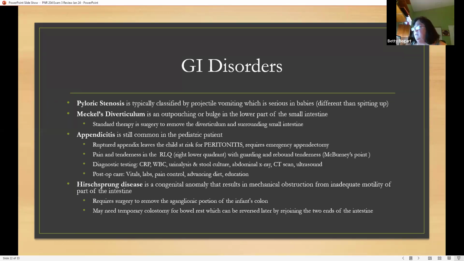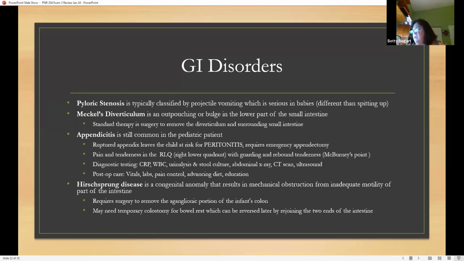Pyloric stenosis is projectile vomiting. Meckel's diverticulum is in the small intestines, and you're going to see bleeding because this little skin tab, this diverticulum, rips, and inside is a big blood vessel. So it just drips blood, but it doesn't hurt, but you need surgery to take care of it.